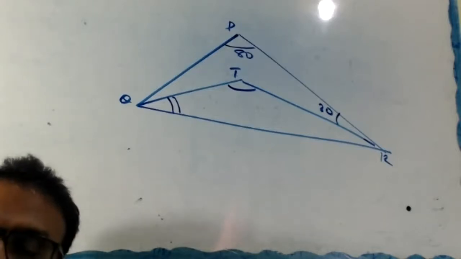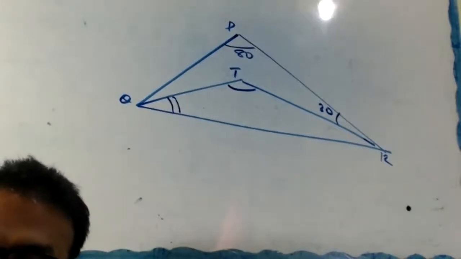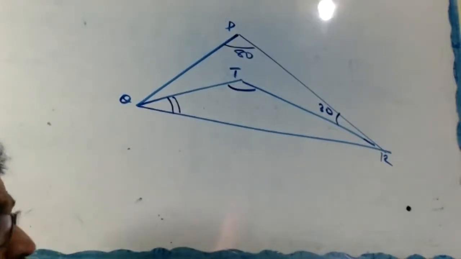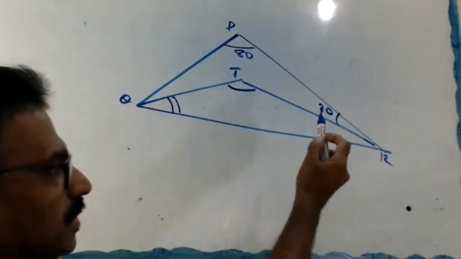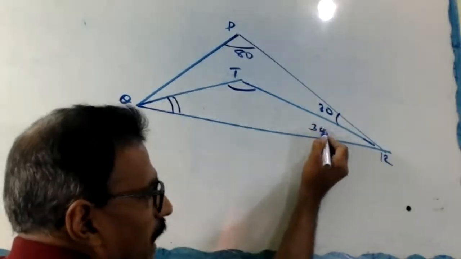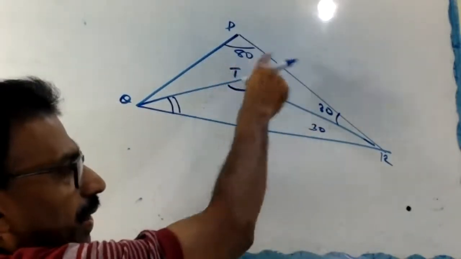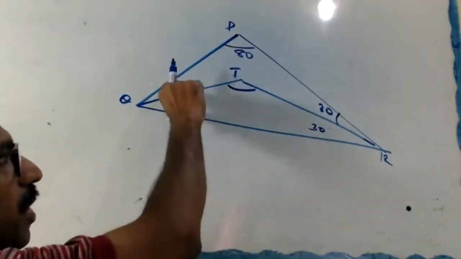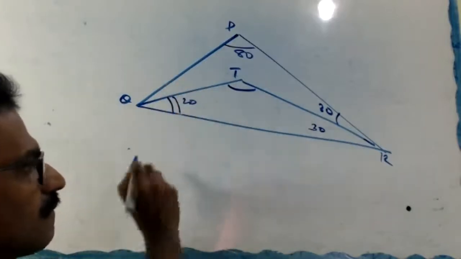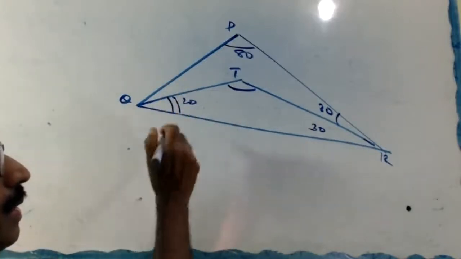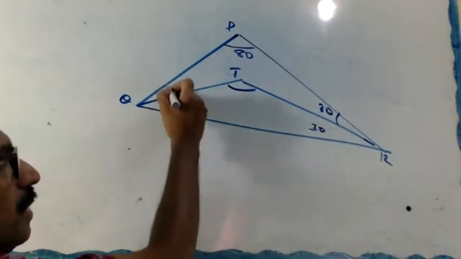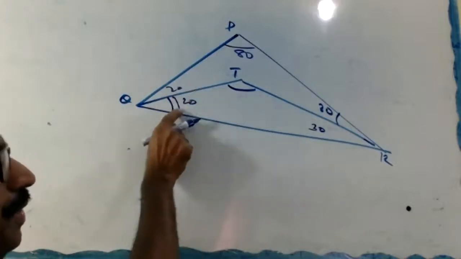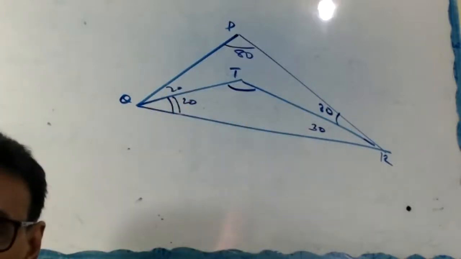Okay, finish. No problem. Look here, this is 80. This is also 30. The bisector. So 80, 60, 140. Then this will be how much? 40. Here 20. Then this also 20. Then 20 plus 30, 50. This is 130. Clear now?